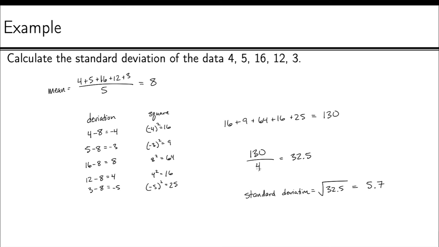The reason we divide by n minus 1 is pretty involved, but it comes down to the fact that we're estimating. Generally, our data set is a sample rather than a population, which means we're estimating, and dividing by n minus 1 instead of n helps make our standard deviation a better approximation of what the population standard deviation would be.